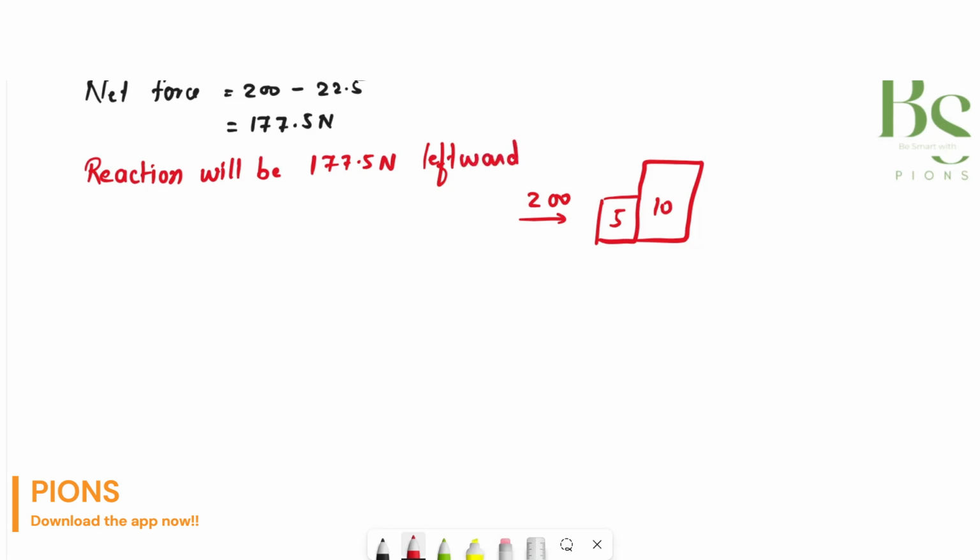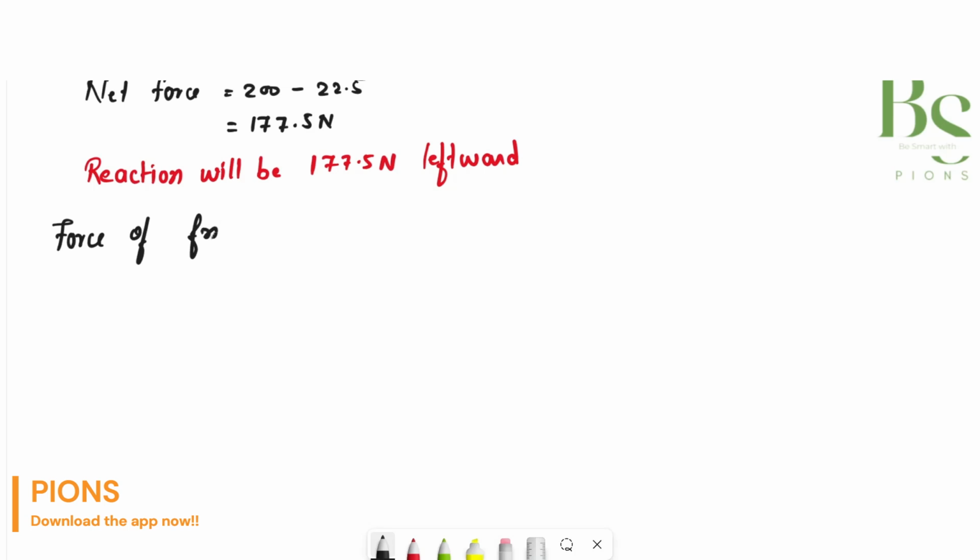Right side is the net force experienced by them, 177.5. Next part. Next is the force of friction on mass A. That will be Fa equal to mu times mass of A into g.